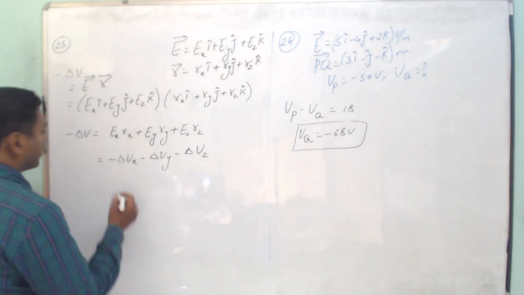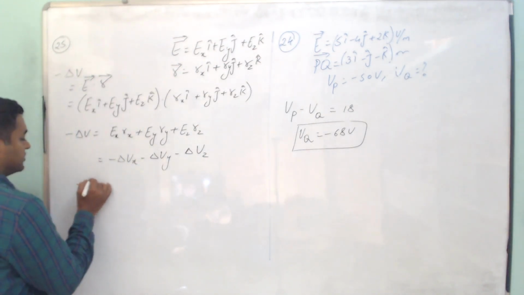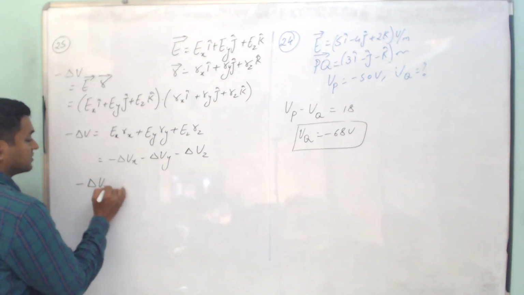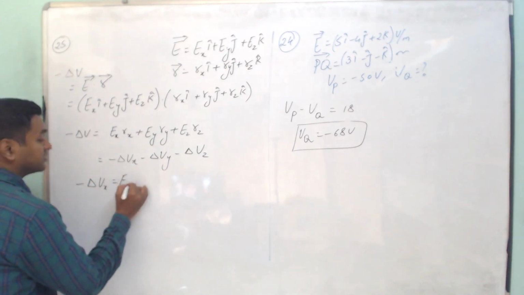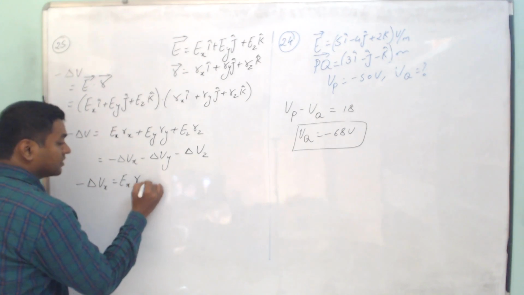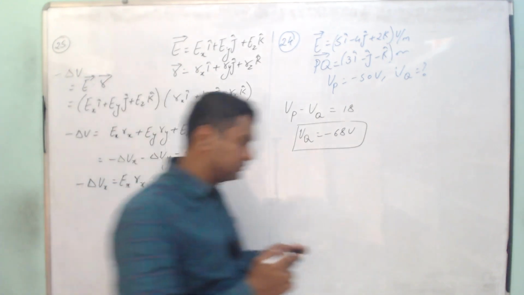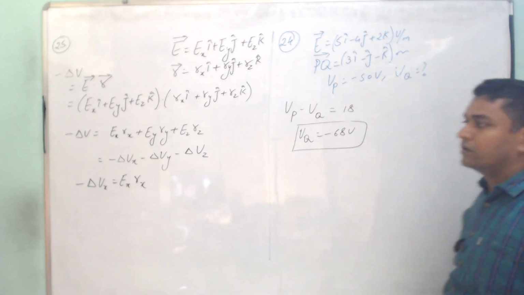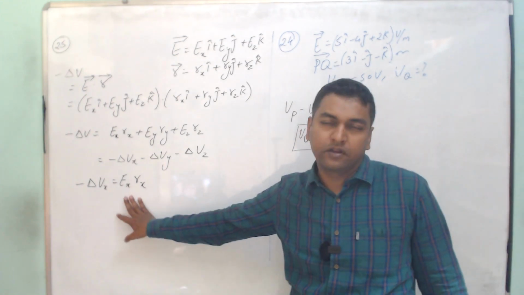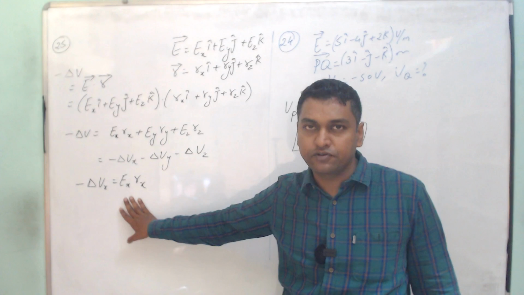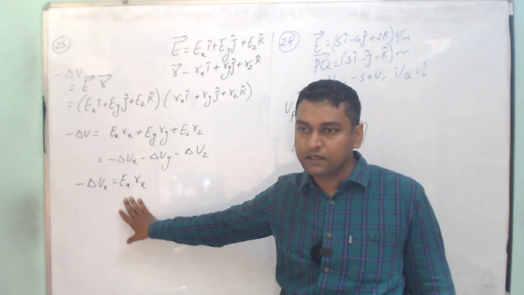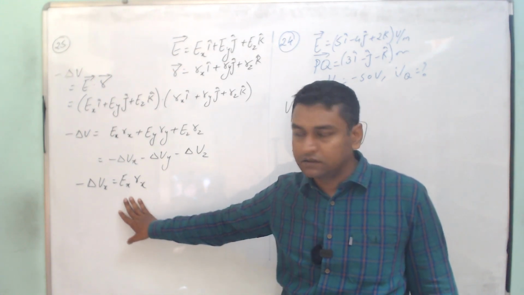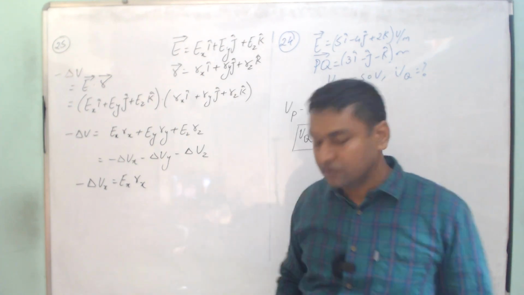So simply what I'm trying to say from here is that minus delta Vx can be written as Ex into Rx. Why? Because along I cap, my dot product anyways will be positive because cos 0 is 1. That way also we can see.